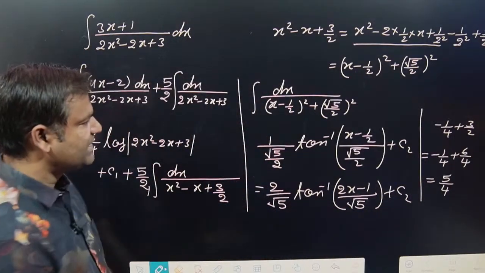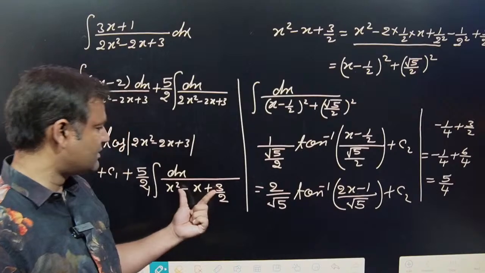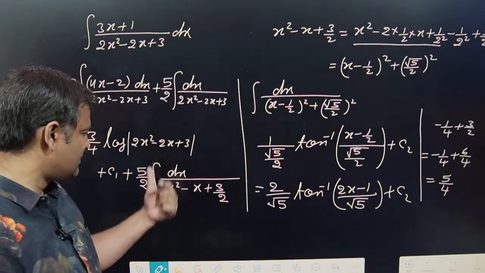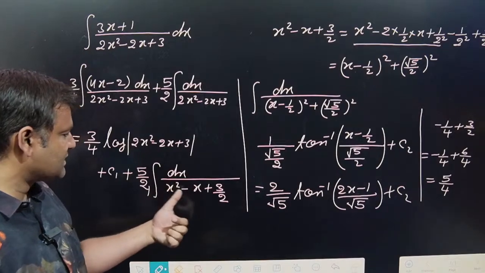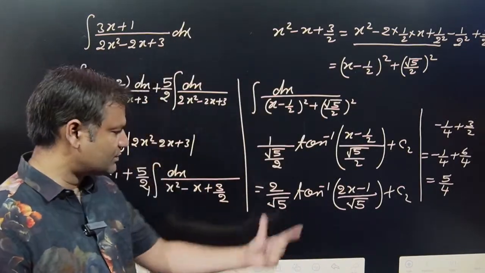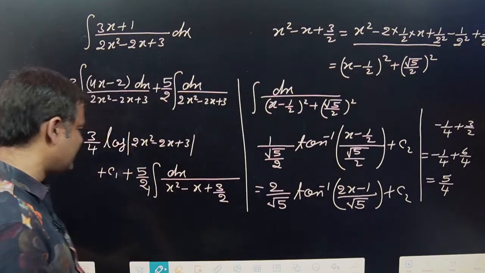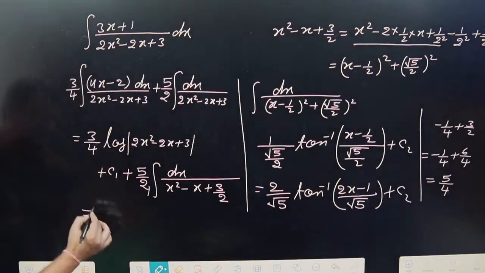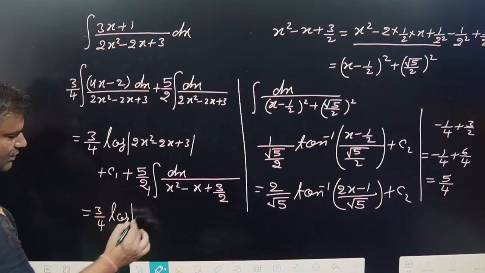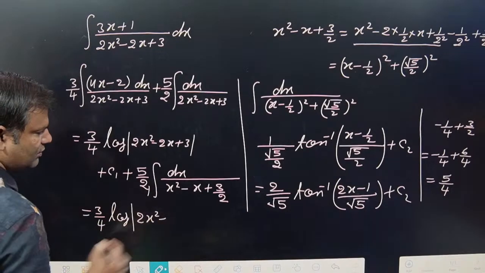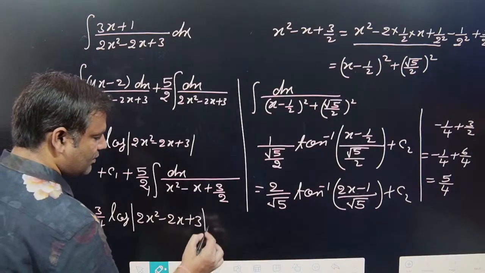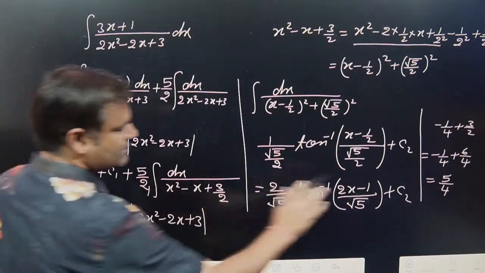Okay, so basically integration of that one is like that one. So integration of dx divided by x square minus x plus 3 by 4 is replaced by that one, so that one is put here. So finally we got 3 by 4 into log of modulus of 2x square minus 2x plus 3, plus c1 plus c2.